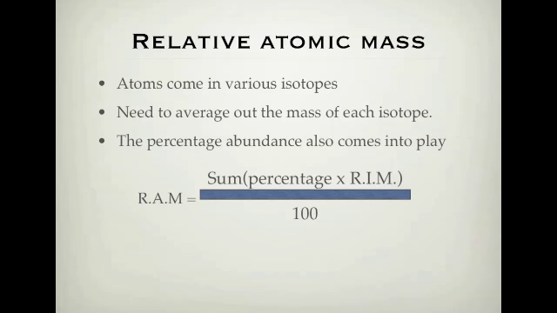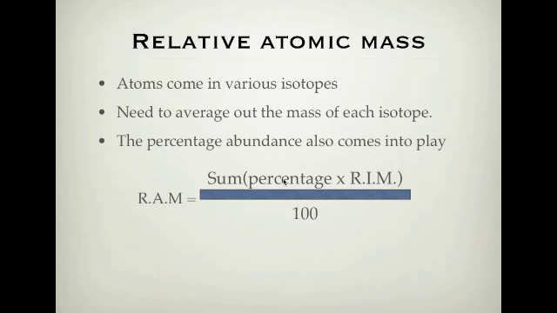We can't just add them all together and divide by how many we have, because different isotopes are in different abundances. So we need to take into account the percentage abundance of the isotopes and the relative isotopic mass of those isotopes. We use this formula: relative atomic mass, the RAM, equals the sum of the percentage multiplied by the relative isotopic mass, then divided by 100.